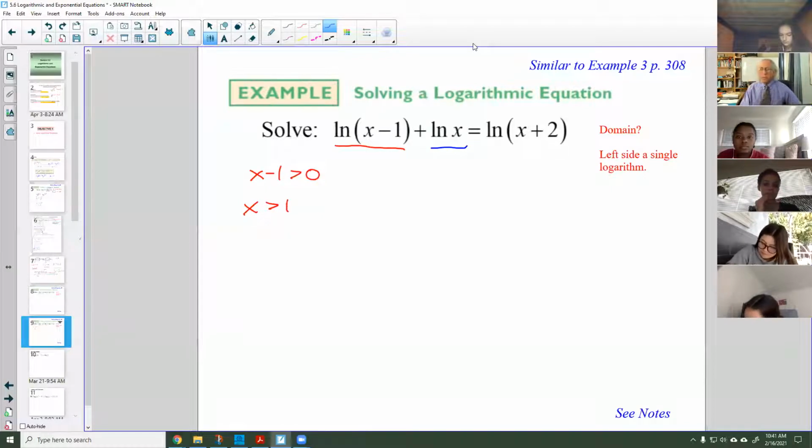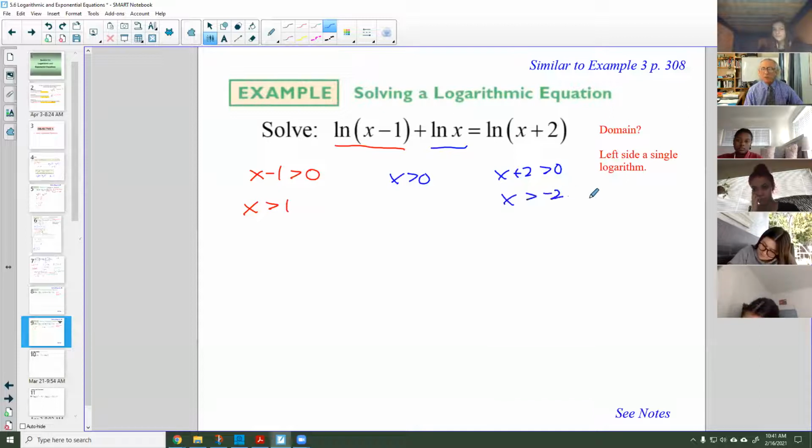Jordan, what's going to be the domain of this logarithm right here, the blue one? X is greater than -2, or oh, sorry, wrong one. X is greater than 0. X is greater than 0, and this one here, you got it right. X plus 2 has to be greater than 0, so X has to be greater than -2.